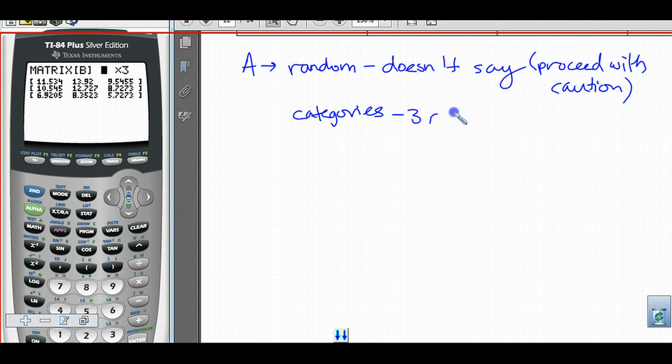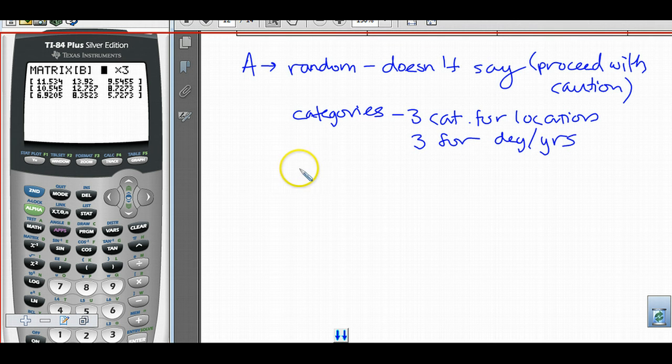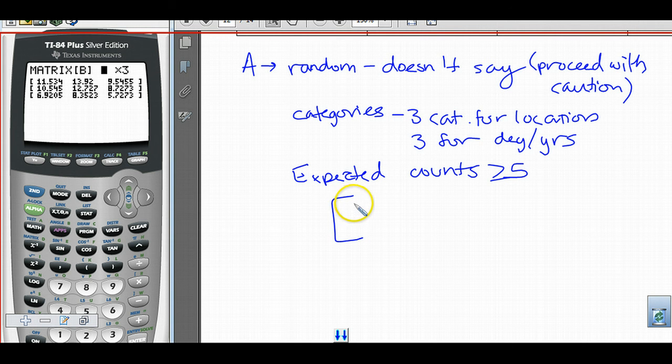So 3 categories for location, 3 for degree or years, and the last one is the expected counts. And remember, I want you to, so greater than or equal to 5, I want to see that matrix in here, and you can round off to the nearest tenth.